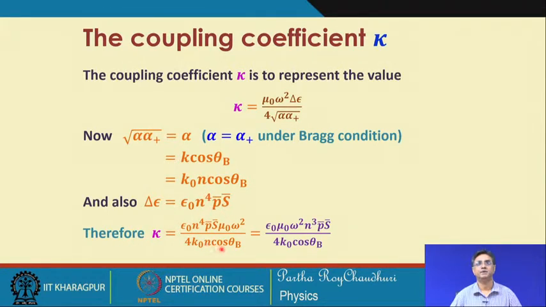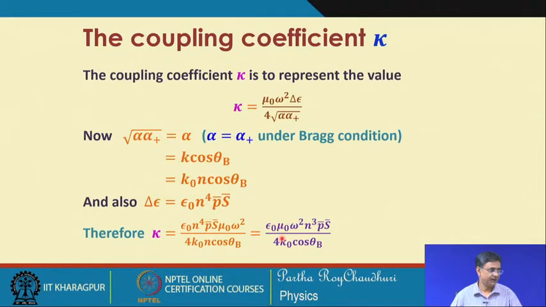Therefore, kappa is given by this expression, and you can see that here mu naught and epsilon naught, these two put together will give you 1 by c square. There is one omega square, so that will correspond to k0 square, and there is another k0 here.